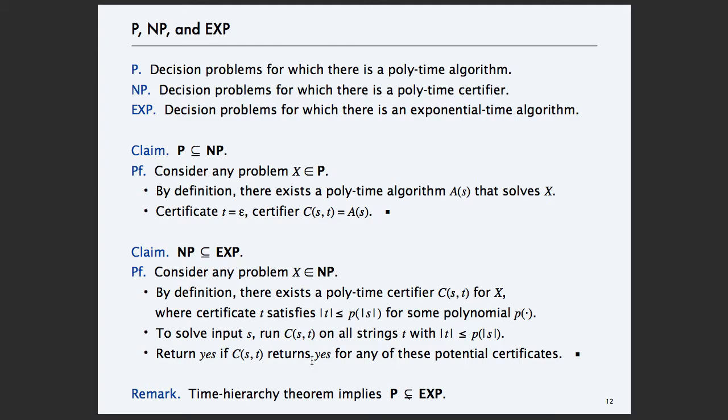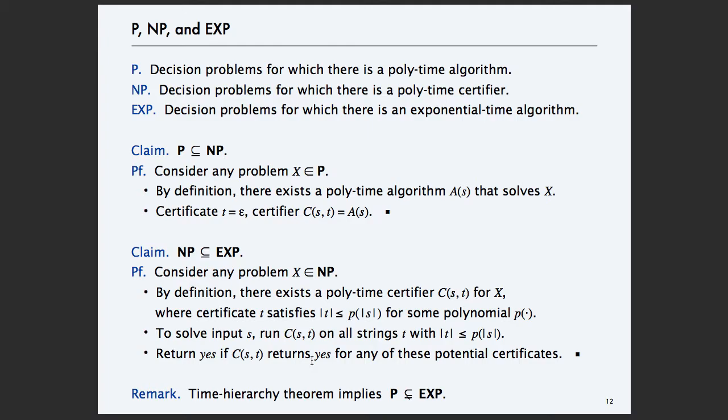Now we have EXP, decision problems for which there is an exponential time algorithm. P is a subset, maybe not a proper subset, of NP, right?